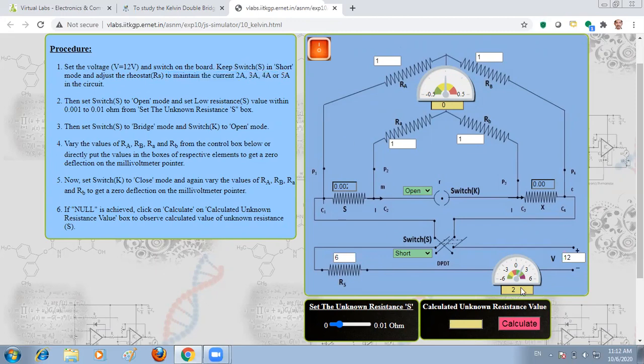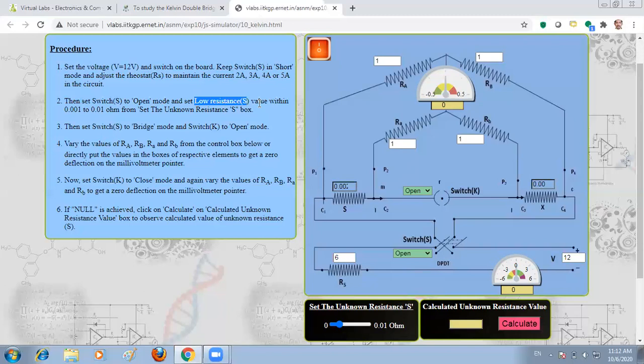Here you can see the current, that is 2 ampere. So RS is 6 ohm. Now set the switch S to open mode. So here I will select switch S as open.